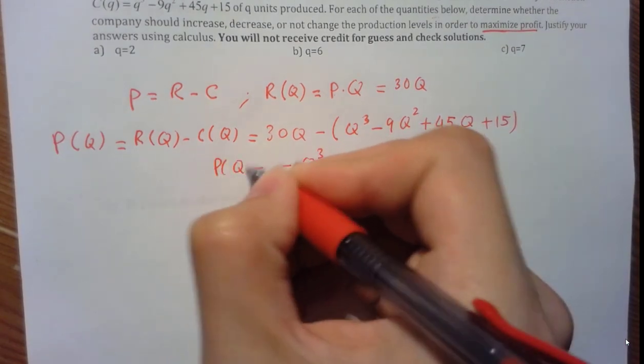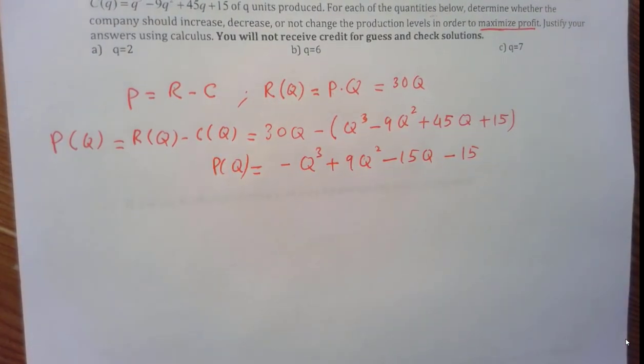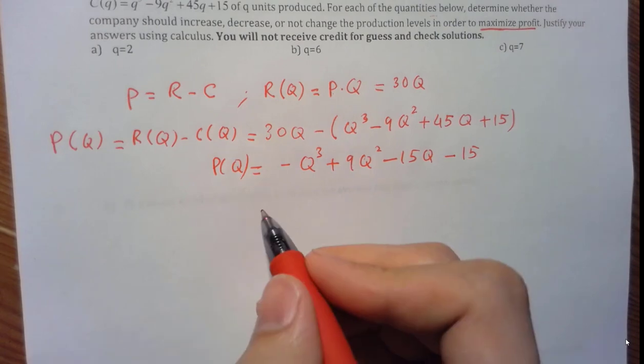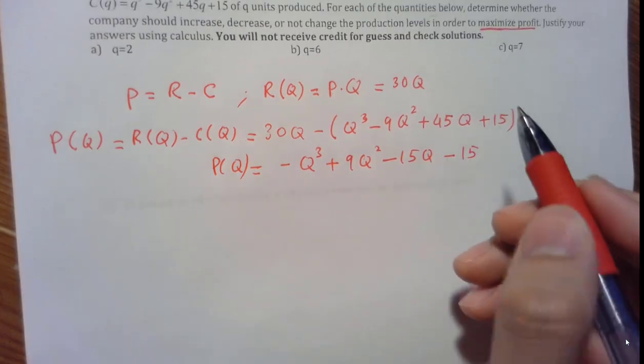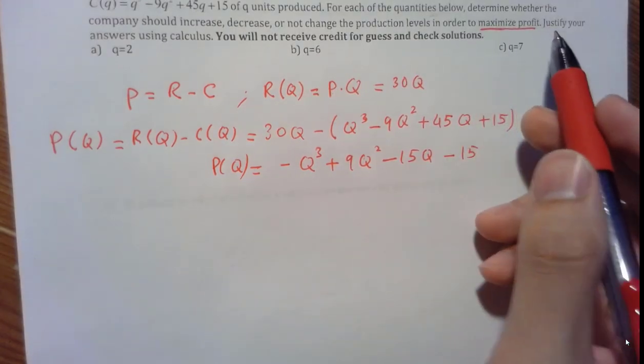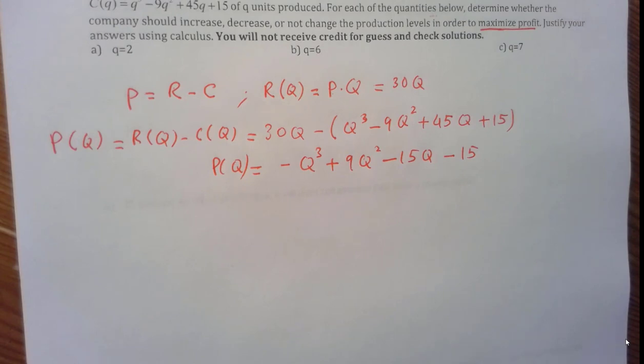This is P of Q after the simplification. Now, this is the profit, and the question is asking for maximizing the profit. To maximize the profit, we are looking for the local max, right? The global max.